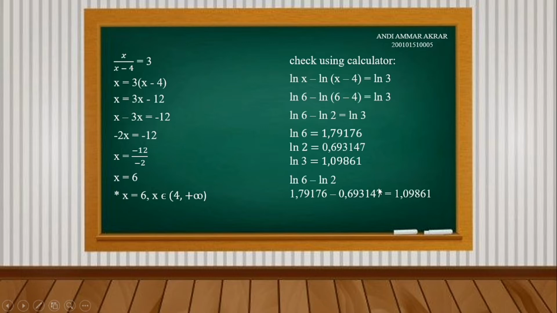So we get the conclusion that ln 6 minus ln 2 equals ln 3 is true, or in other words, x equals 6 is correct for the solution of the equation.